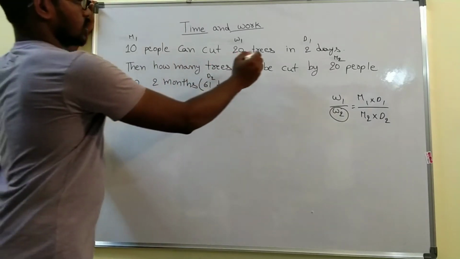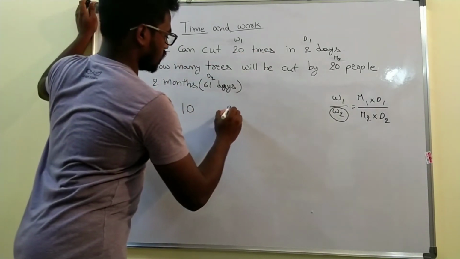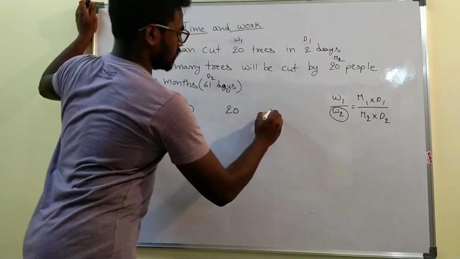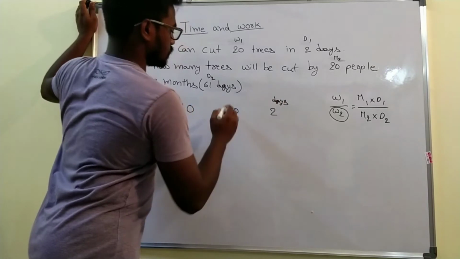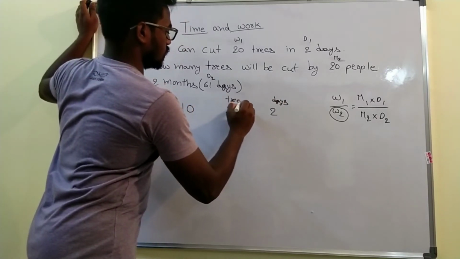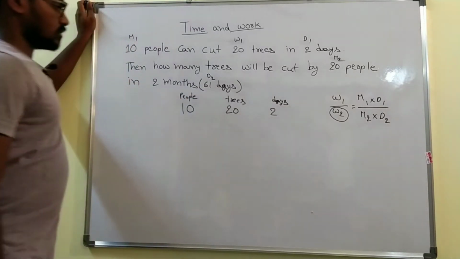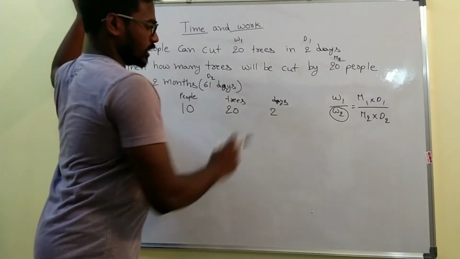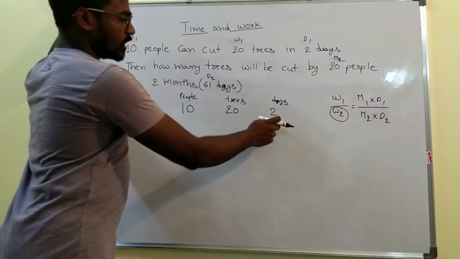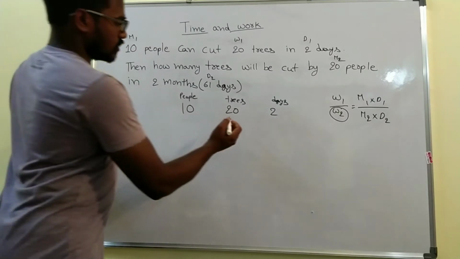So 10 people can cut 20 trees in 2 days. Let's find how many they can cut in 1 day.